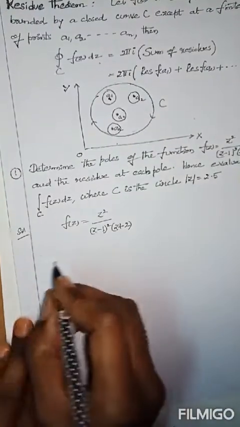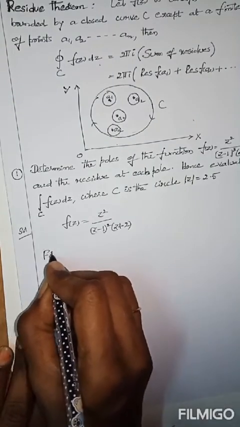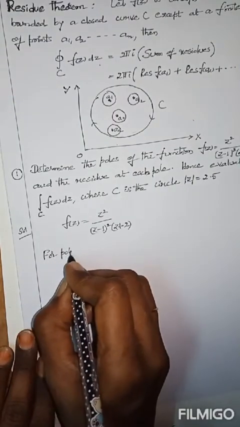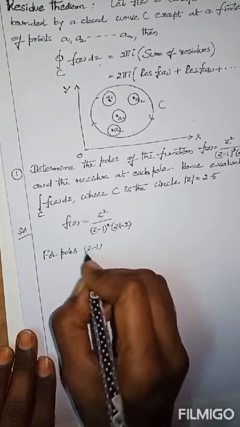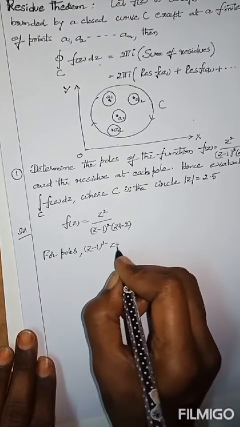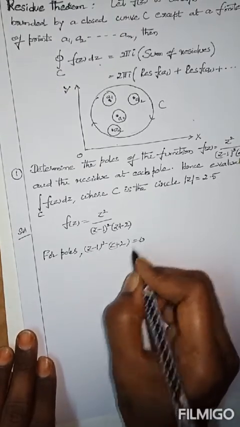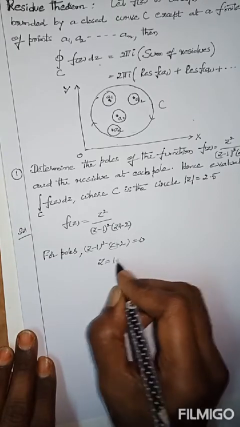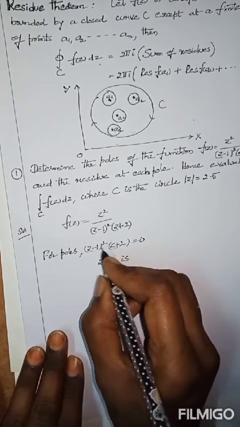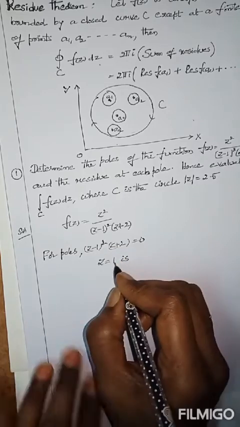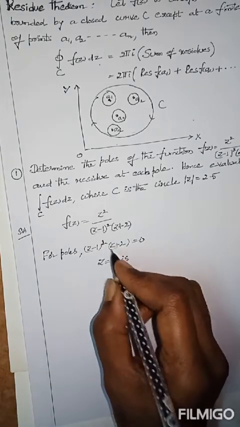This is the given function. For poles, (z minus 1) whole squared times (z plus 2) equal to 0. From this, z equal to 1 is a pole of order 2. Here the power is 2, so 1 is called a pole but the power is 2.